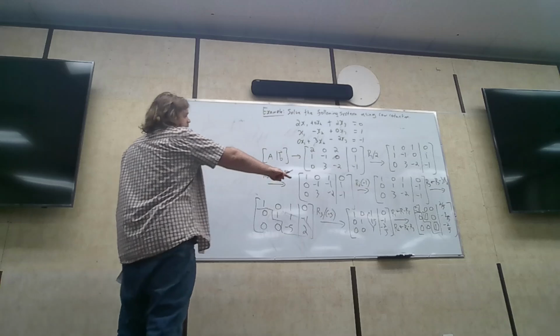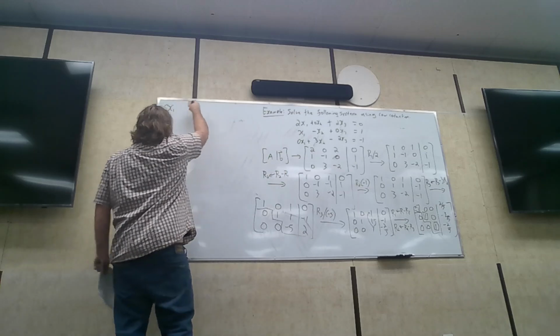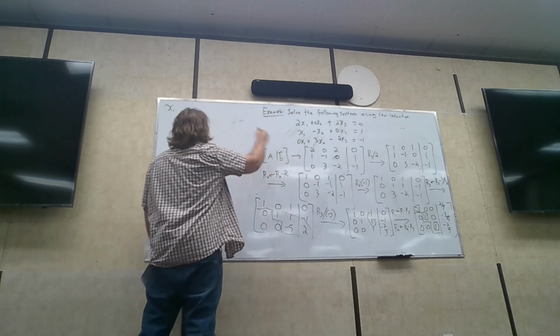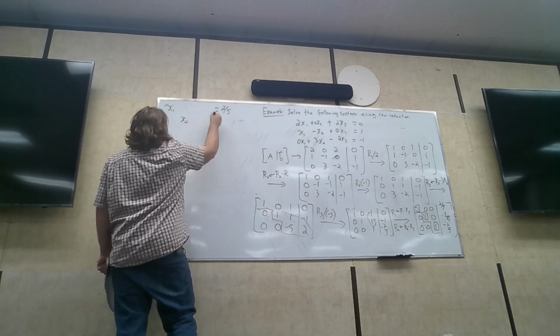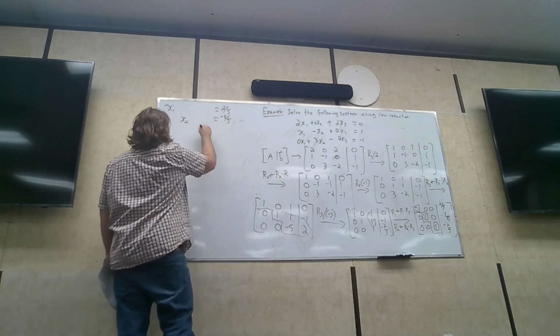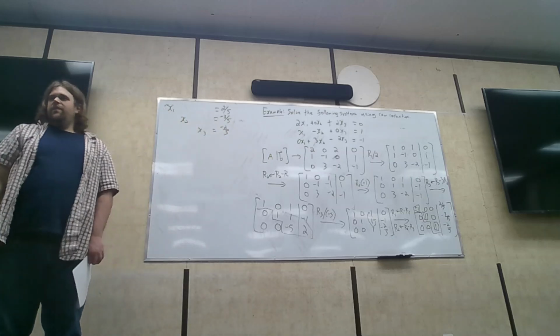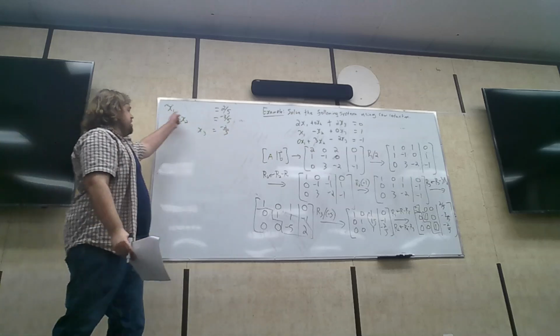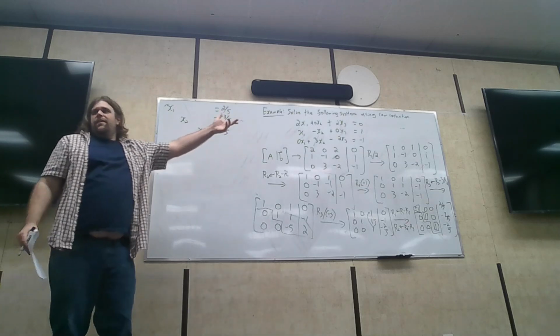So we take a look at that, and it says x1, and then 0x2, 0x3 equals 2 over 5. x2 equals minus 3 over 5. And x3 equals minus 2 over 5. We're done. Because this tells us the answers, right? x1 is that number, x2 is that number, and x3 is that number.